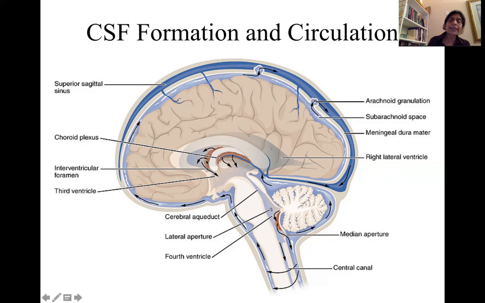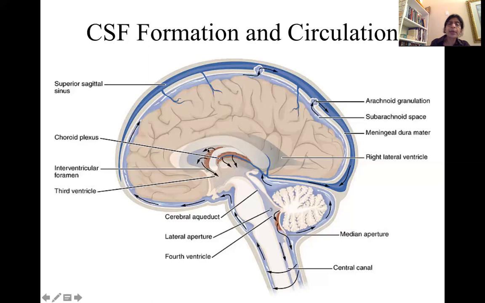So there is choroid plexus here, here, and here. If you're thinking about this as the lateral ventricle, yes, there is choroid plexus. This is the third ventricle, and there is choroid plexus. And then there is the fourth ventricle, and there is choroid plexus. This is where you have the capillary network, bundles of capillaries without the blood-brain barrier. So now what happens is we can extract plasma out of these capillaries into these spaces.